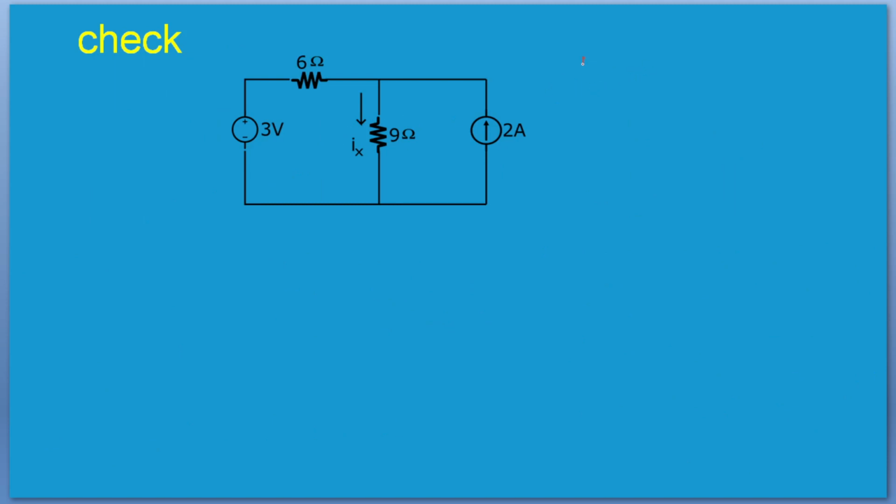By superposition theorem, the total current in 9 ohm resistor is Ix is equal to Ix dash plus Ix double dash.